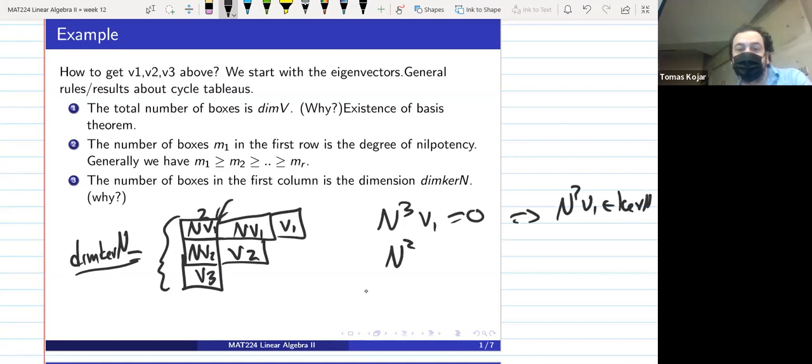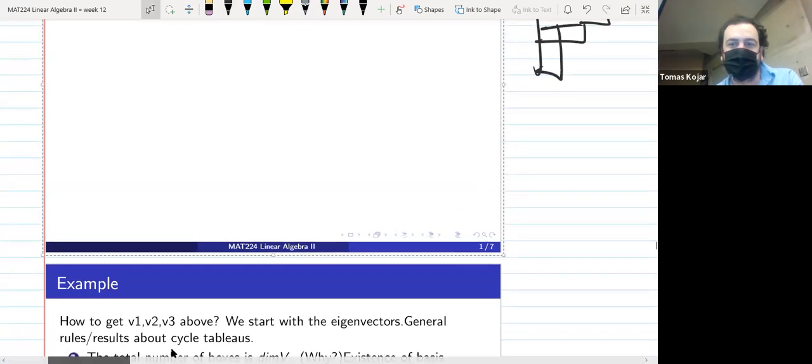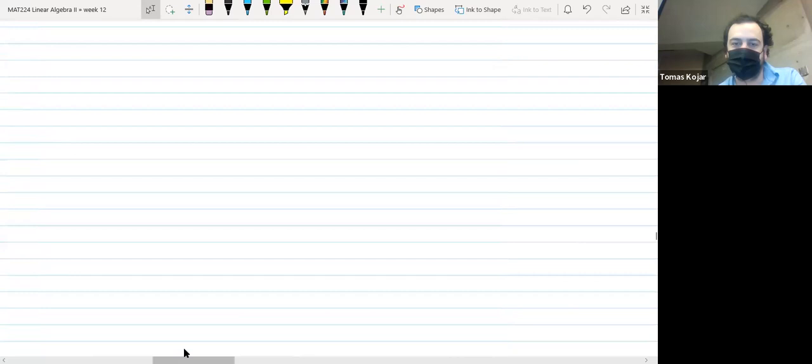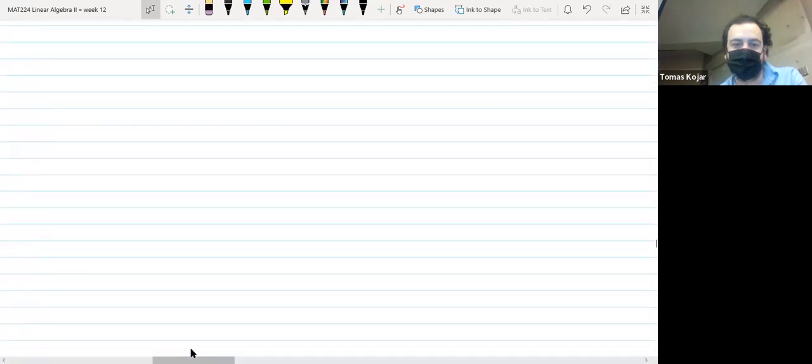Next guy, N v2. When we tried to solve this, we had some element here and we got a contradiction. So the only solution was that this is 0. Let me go a little bit on top to explain what it is. So I will take you back to the contradiction.